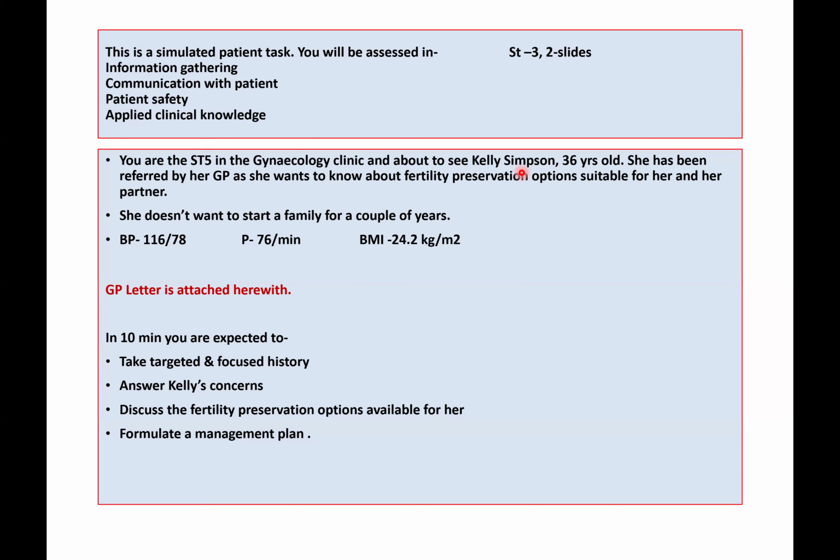Also, sometimes there is a risk of multiple pregnancies. There is also a risk that the eggs or embryos we preserve may get damaged. And of course, there are some pregnancy-related risks, like the risk of miscarriage.